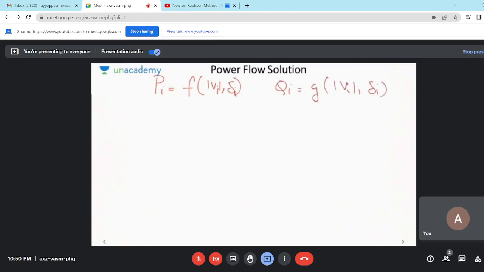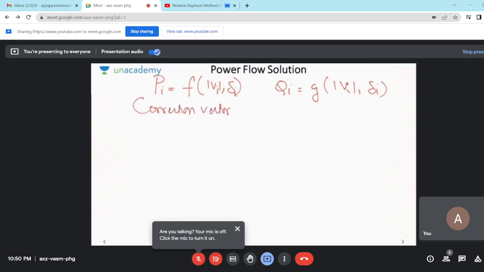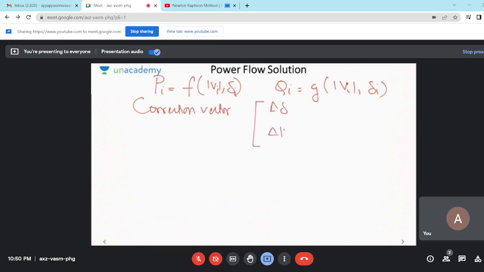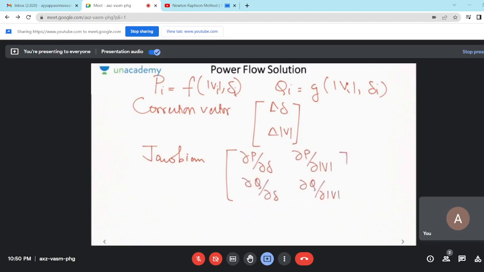So what we will do is, the correction vector will be given as delta delta or delta mod V. Jacobian will be given as del P by del delta, del P by del mod V, del Q by del delta, del Q by del mod V. This will be the Jacobian of the system.